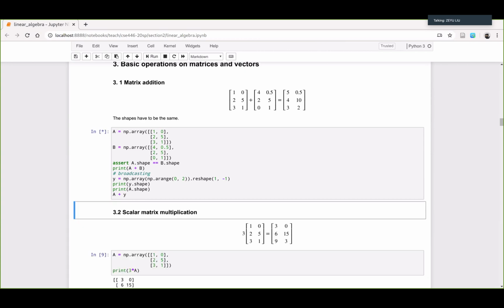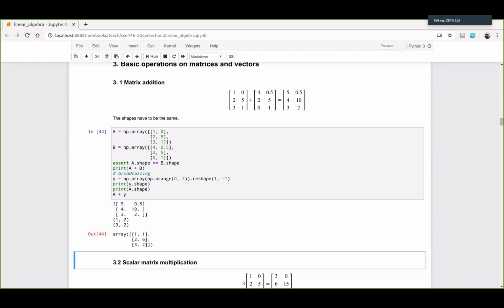You can do this, and y will be repeatedly added at each row. Let's see what y is.